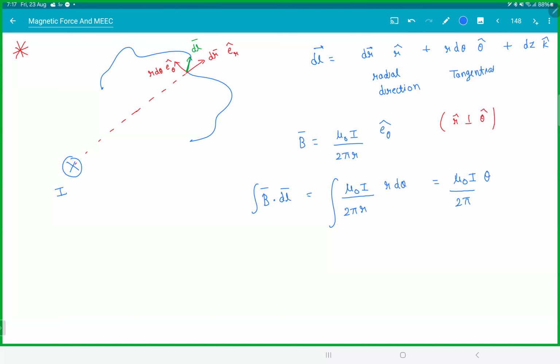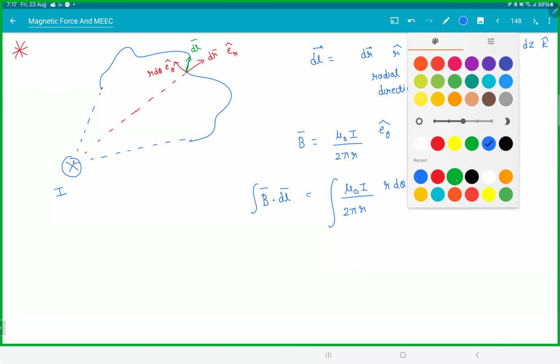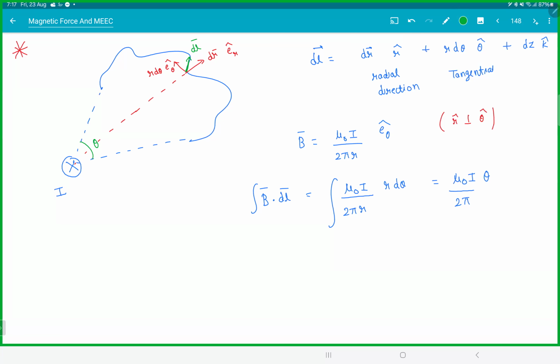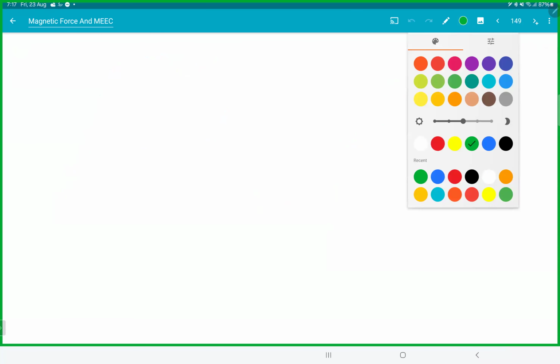That means if you take some random loop, it only depends on the angle subtended. So you need not even have a closed loop. You could have taken anything.